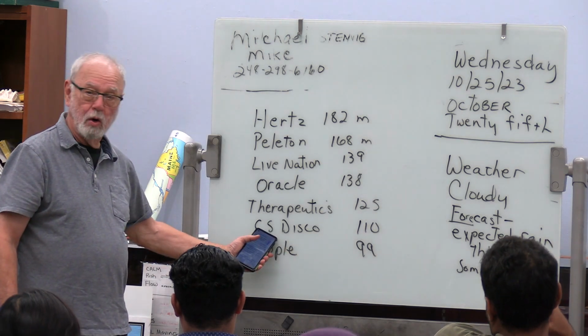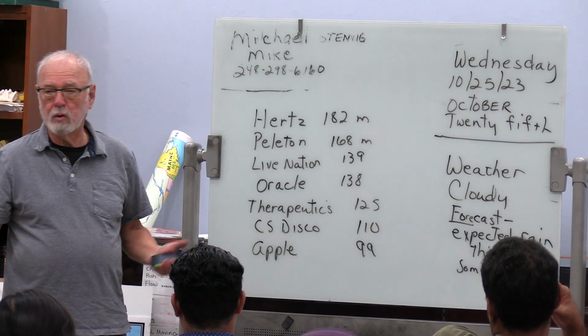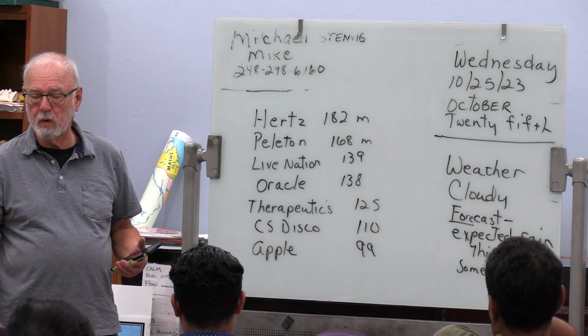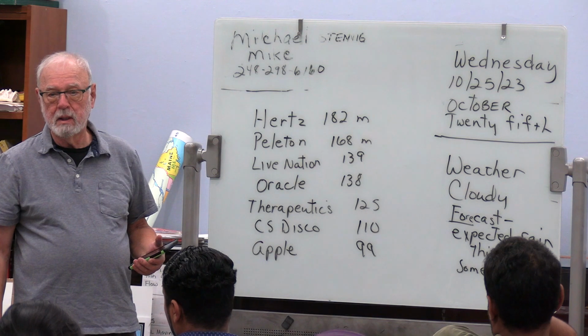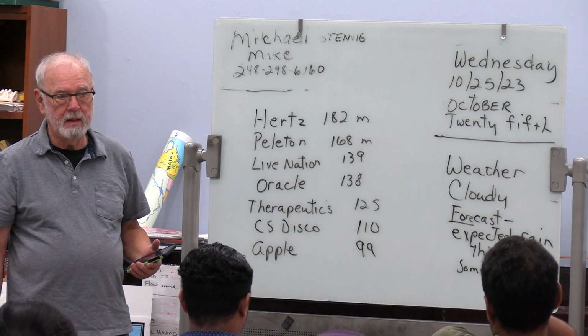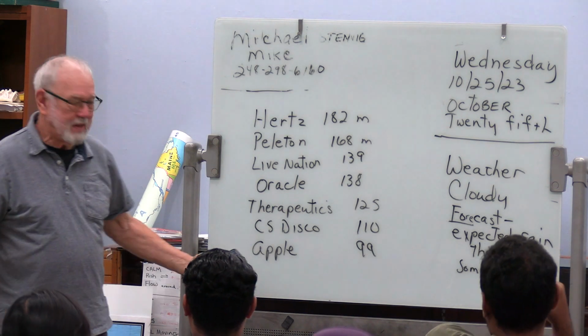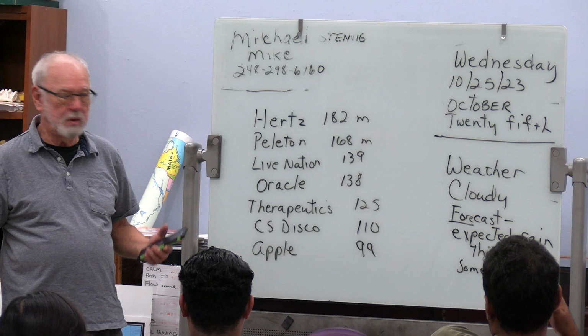This one, I don't know. CS Disco, I don't know what that is. Probably something to do with software for computers. Nothing to do with dancing. You know, disco, that's dancing. But this has to do with CD, disc, computers.